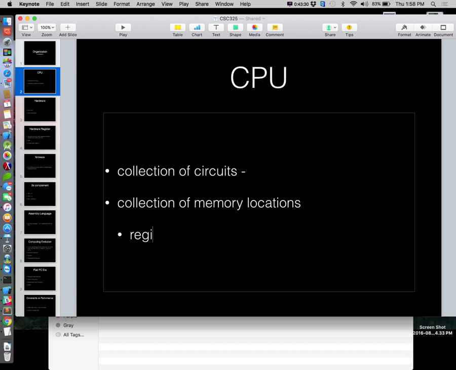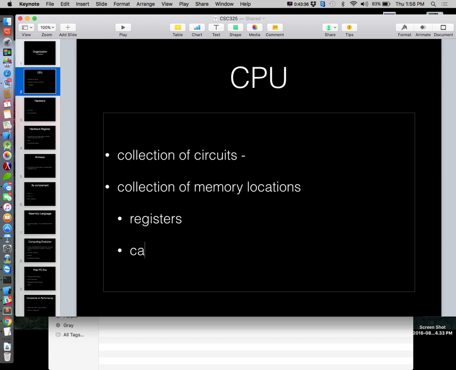We already talked about registers as being some of those memory locations, super fast. Then we have various types of cache. This is slightly slower memory, and these typically have names, L1, L2, L3 cache, that kind of stuff.